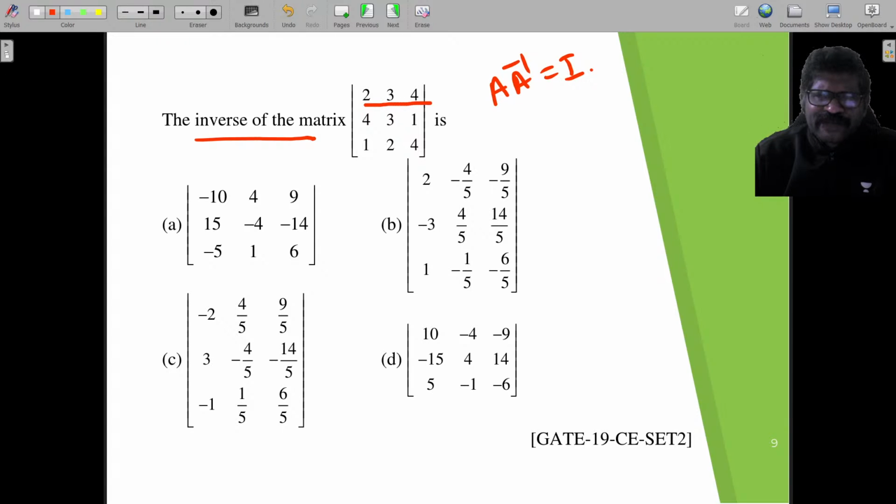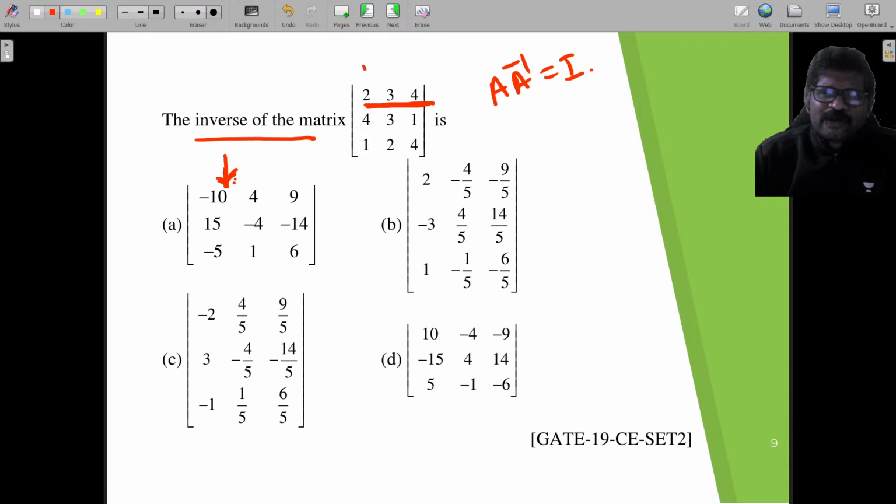First row of A multiply with first column of A inverse. A into A inverse must be I, identity matrix. So first row of A I am going to multiply with first column of each option. If I get 1, I am going to multiply second row with second column. If the answer is not 1, I can eliminate that option easily.